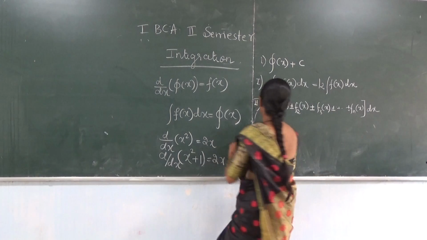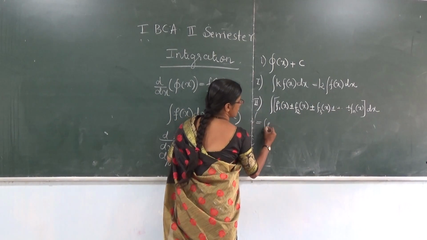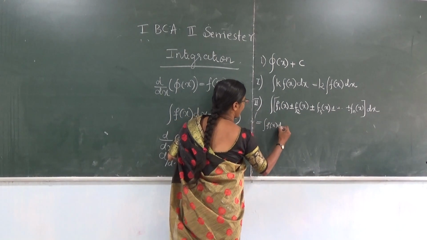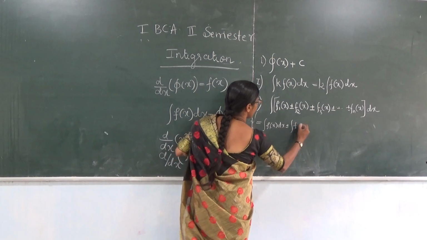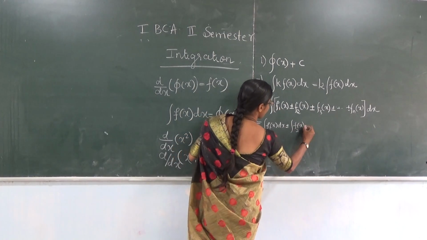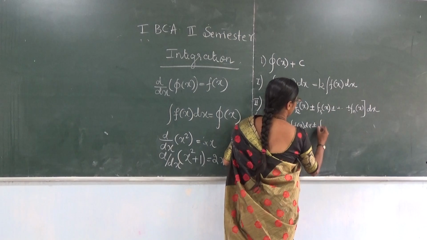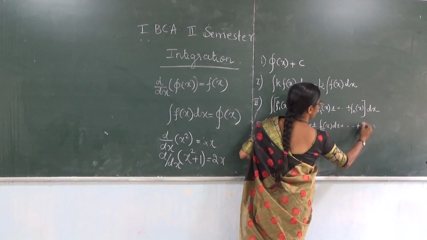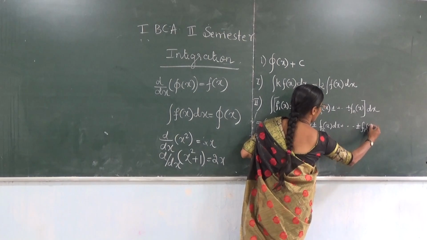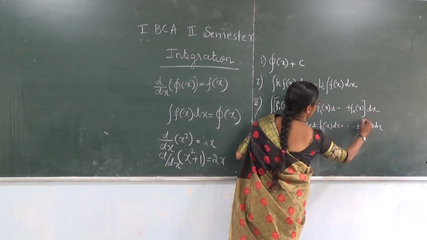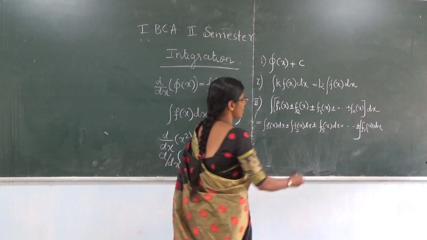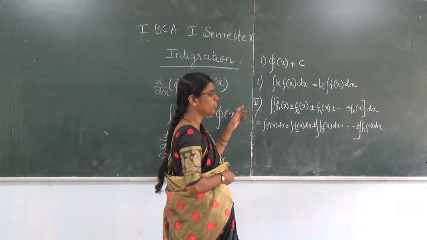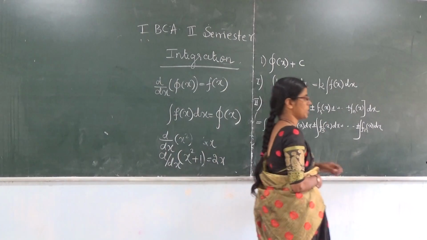That is nothing but the sum of the integrals, that is integral of f1 of x dx plus or minus integral of f2 of x dx plus or minus integral of f3 of x dx, and so on, plus or minus integral of fn of x dx. So this is how we take the two rules of integration.